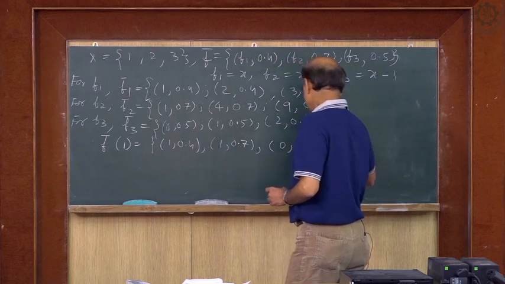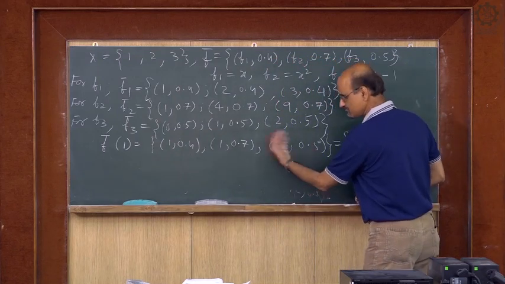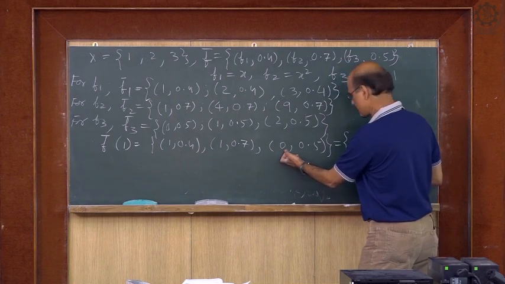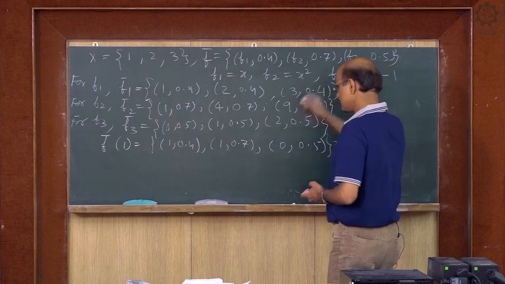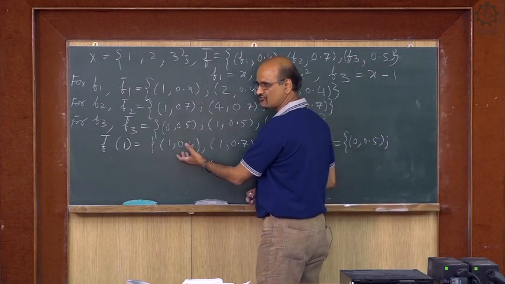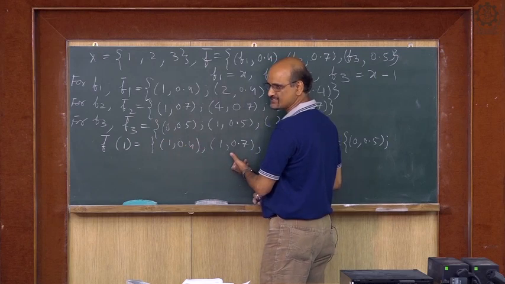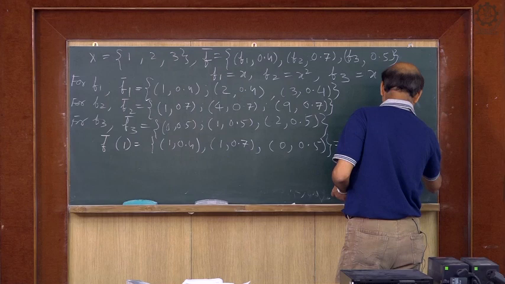So you see now, we usually write from first the smaller one. So write for 0, 0.5 and among these I have to choose 1. So actually we choose the maximum membership value. So I have to write 1, 0.7.